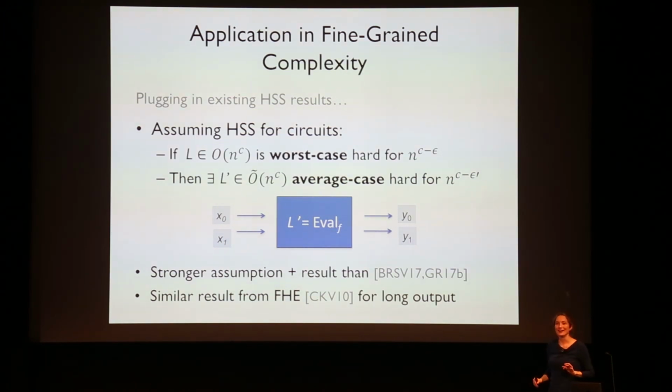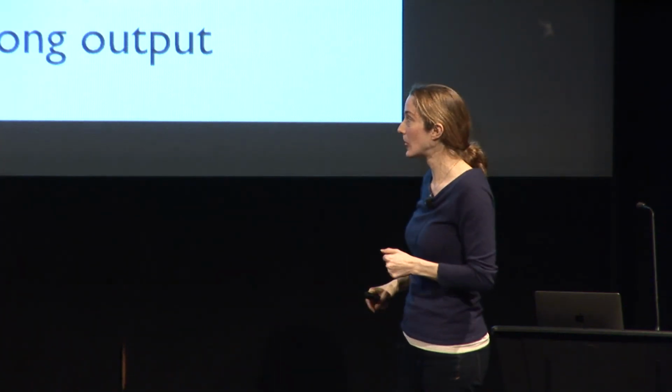But morally, if you have HSS for circuits, and you have a language that can be computed in time n to the c, but is worst case hard in time n to the c minus epsilon, then this HSS gives the existence of a new language, L prime, whose computation is roughly the same as the original L, but which is now average case hard for n to the c minus some epsilon prime.